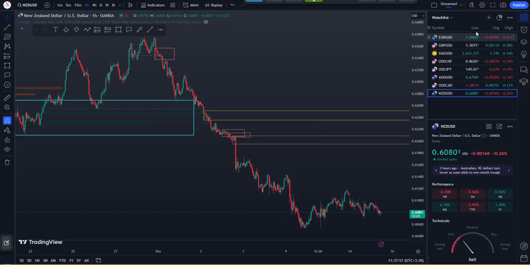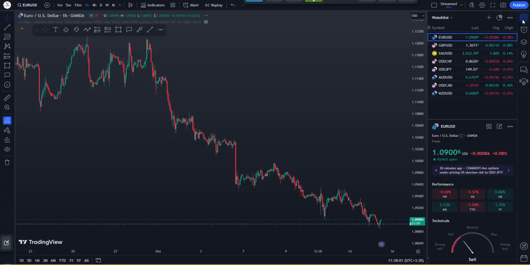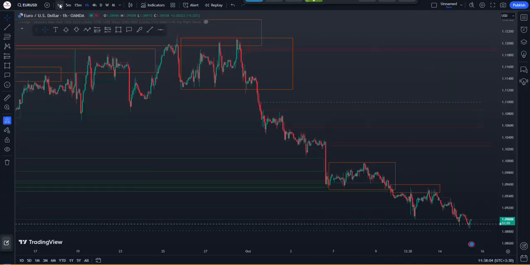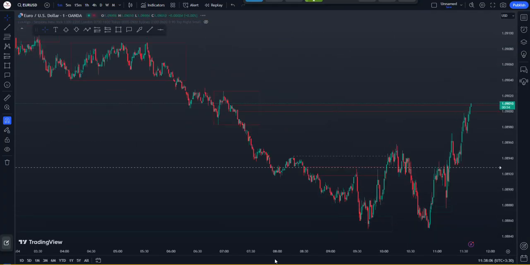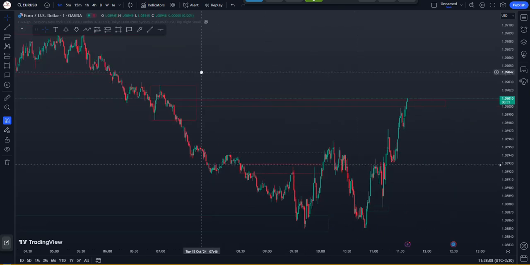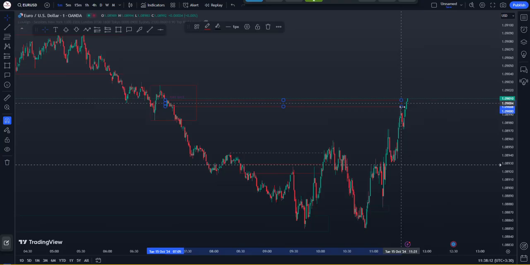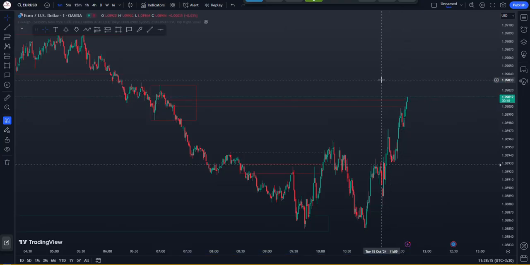Okay, back to Euro USD. My interested charts are actually the top three of them, and I mostly watch them. We can see this level engulfed, so this is a good sign for going long here after this level has worked and price is going up.